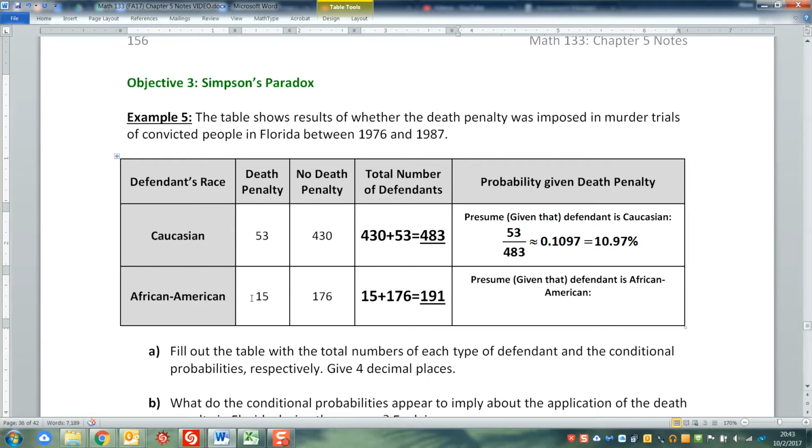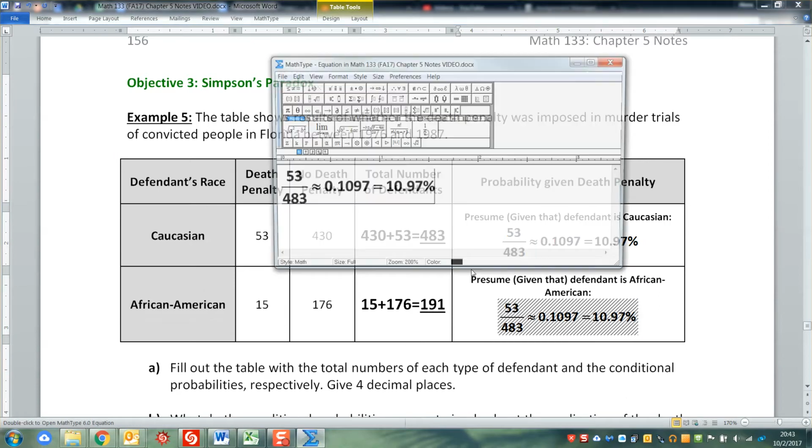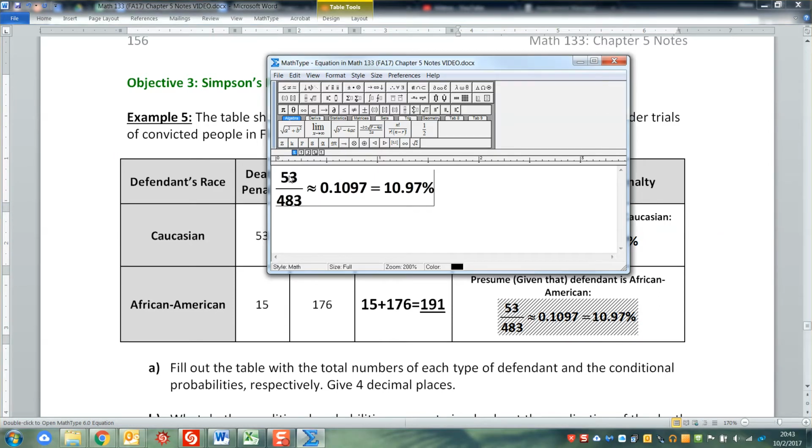Now, if we do the same thing down here, we would take 15 and divide it by 191. So 15 divided by 191 is 0.0785, which would be 7.85%.